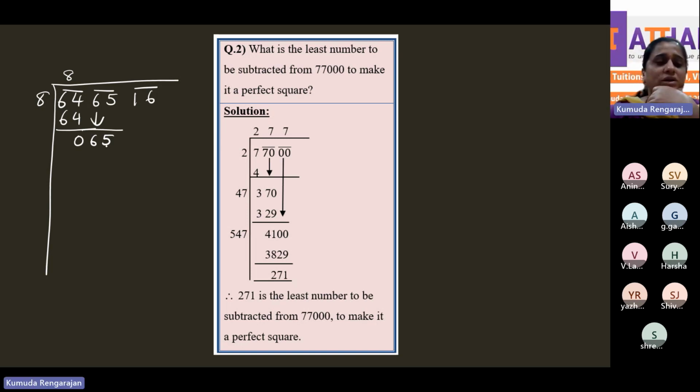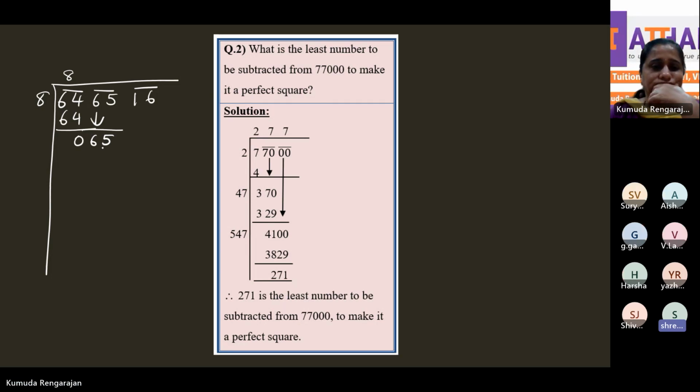No, after this, I don't understand. 65 comes down. Aishwarya, please continue this. Ma'am, I'm a little confused in this step.